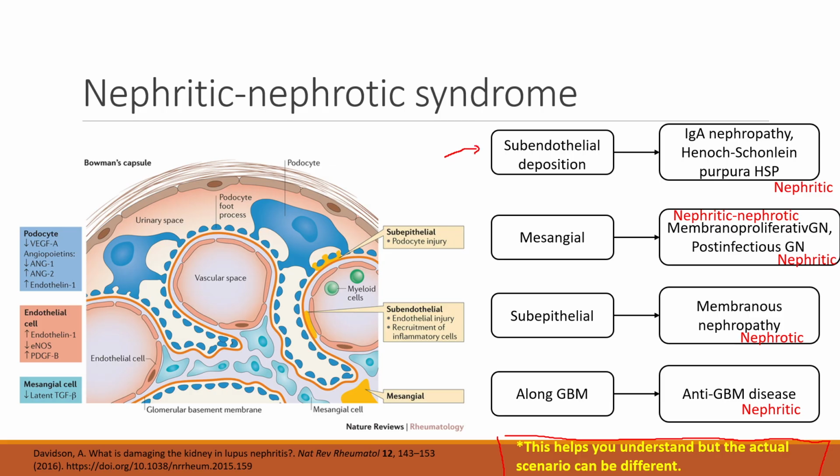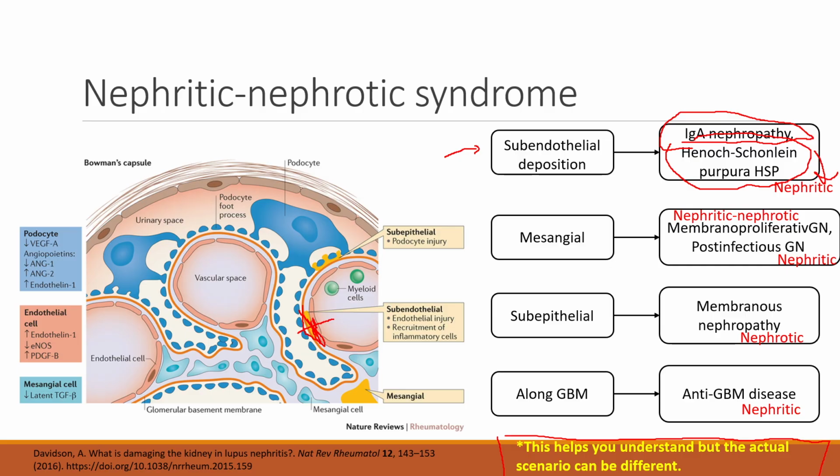So first we start with the immune complex. They deposit on the subendothelial space, which is here. And if you just look at the disease examples here, when I first looked at them, it was quite difficult for me to memorize whether this is nephrotic or nephritic. So you have to understand it. If there's a deposit in here, it causes an inflammatory response and causes damage.